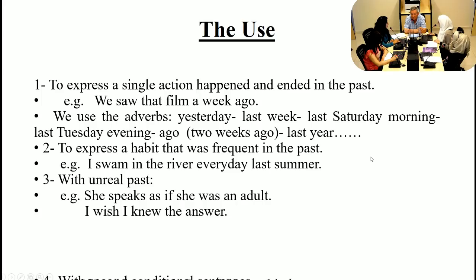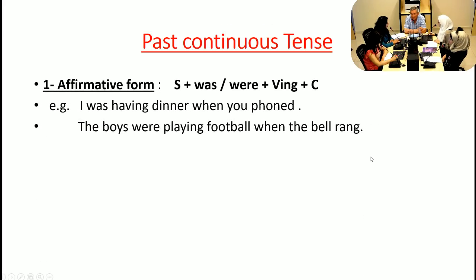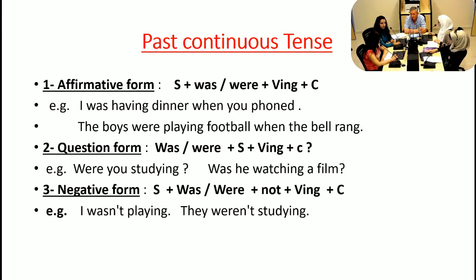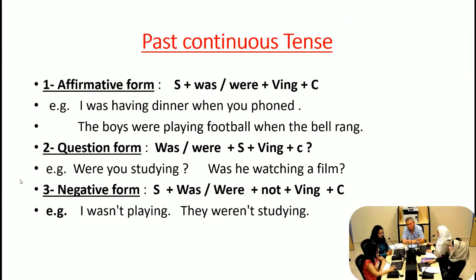Yes, next, Mr. Maher. Four uses. Past continuous tense, Miss Rula. The affirmative form is the subject, was or were, the verb with ing and the complement. Example, I was having dinner when you called. The boys were playing football when the bell rang.